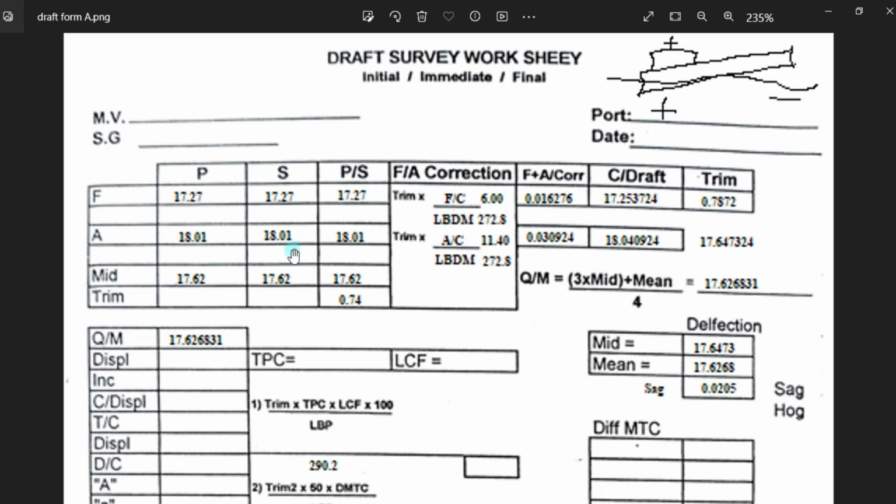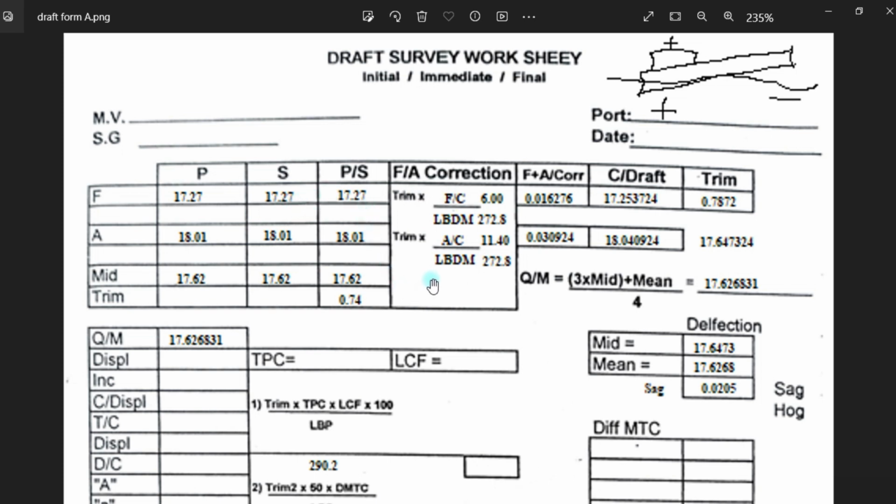So the forward draft will be 17.27 minus 0.016276 equals 17.253724. That will be the value when you subtract this draft correction from the draft forward.